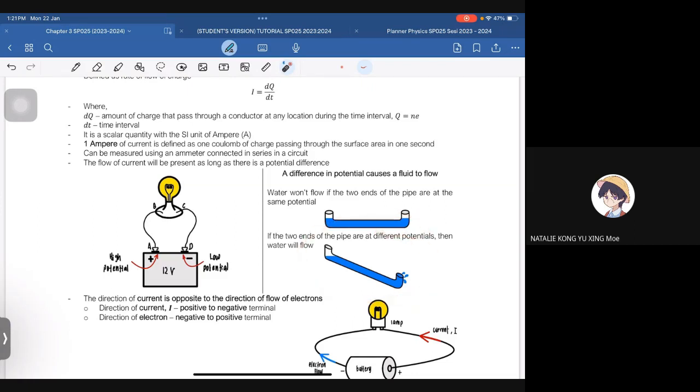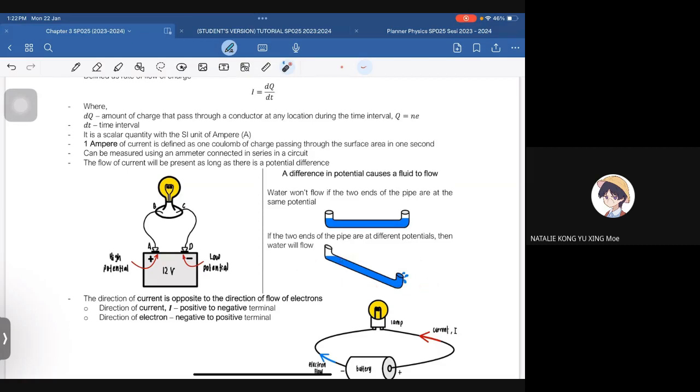If the pipe is held straight like this, the water will not flow out. But if we hold it at different potentials, what does that mean? We have learned about potential energy, so now they are at different heights. When they are at different heights, they have different potential energy, so the water will flow out because it is held in a slanted way.